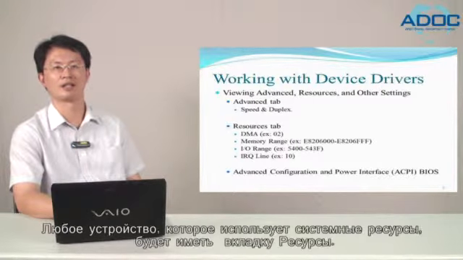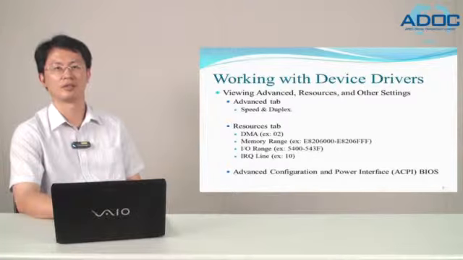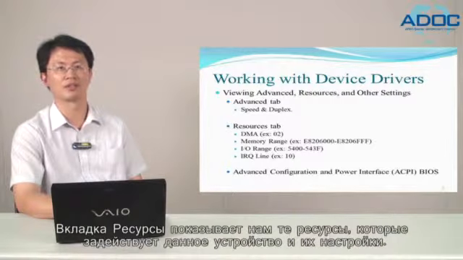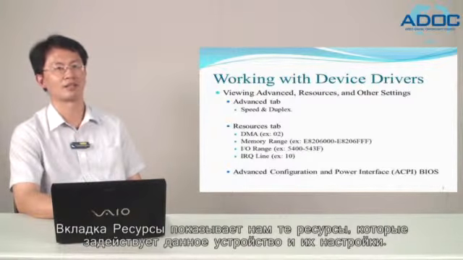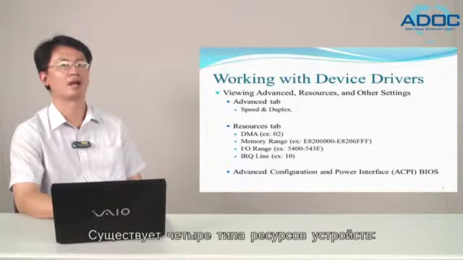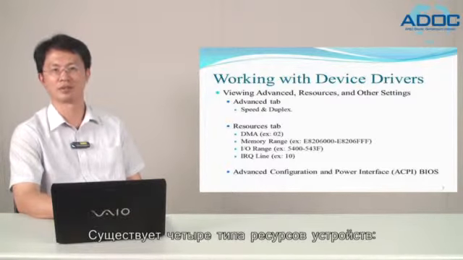And any device that uses system resources will have a Resources tab like the one shown. The Resources tab options show the device resources that are currently assigned and their settings. And there are four types of device resources.